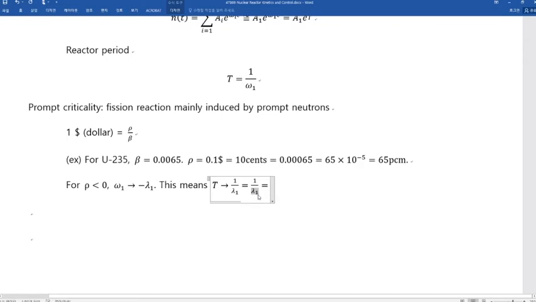Lambda 1 is 0.693, that is actually natural log of 2, over the maximum half-life.